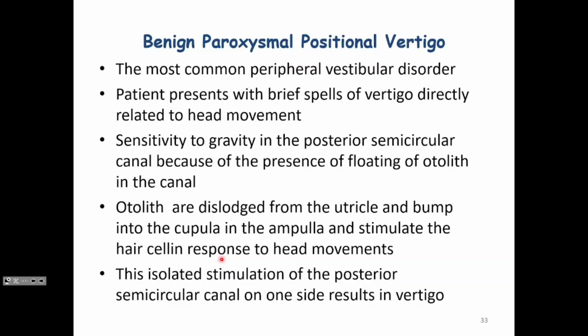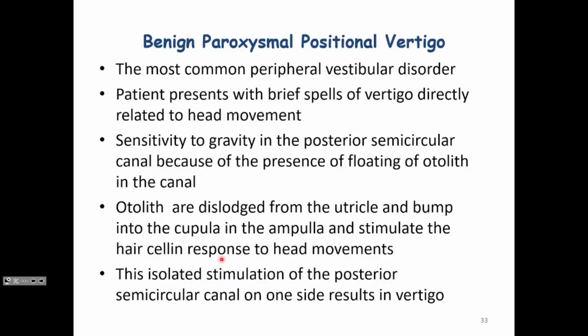Once they do the Dix-Hallpike maneuver, they will find out if this is BPPV or not and which canal it is. They do an Epley maneuver, which I would not do. Epley's maneuver is done to get the otoconia out of the posterior canal. There are other maneuvers for the anterior canal and the lateral canal, but Epley's is done for the posterior canal.